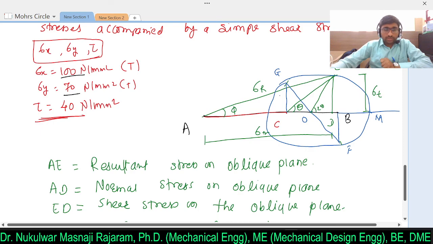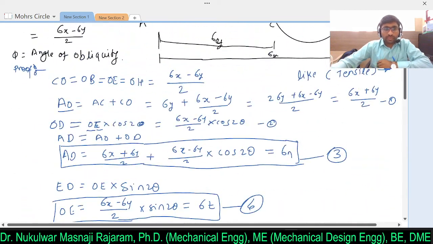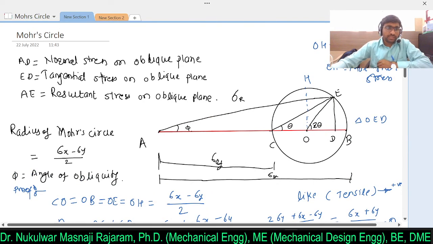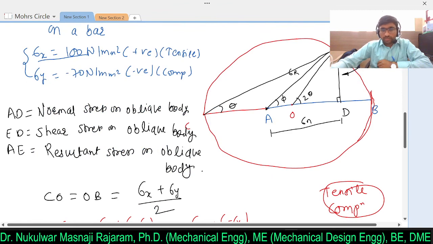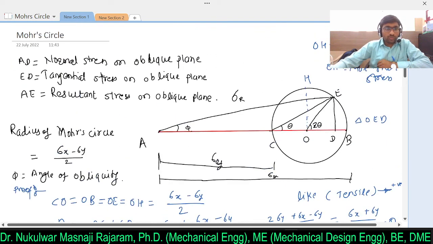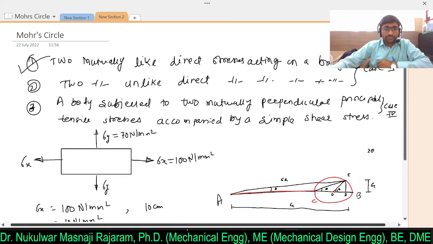So this is one of the simplest methods, graphical method, to evaluate the normal, tangential, principal stress. While explaining, I have considered different values also, so similar numericals will be there. Clear? I hope you understand the entire three conditions through which we can evaluate the normal, tangential and maximum shear stress. Thank you.